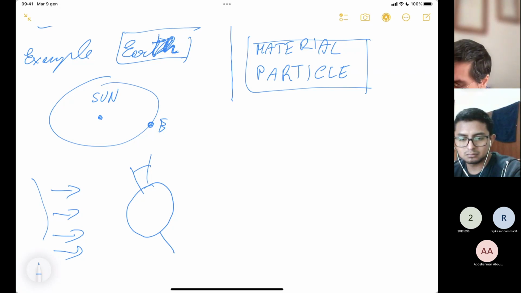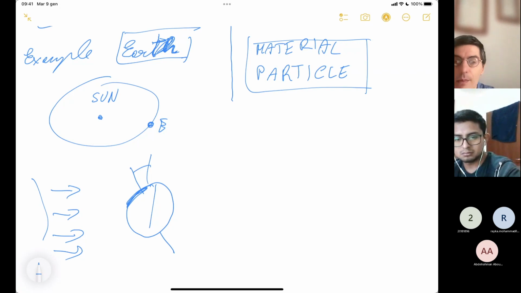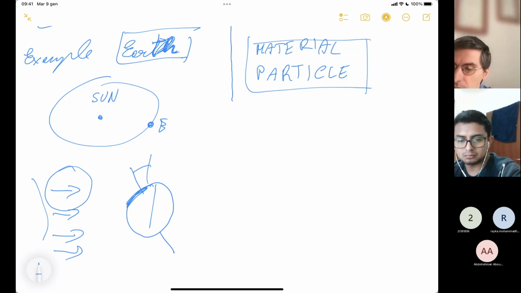If you want to understand day and night, or why you have some season which is summer and some season which is winter, it is because the directions of the rays from the Sun are different. So of course, in this case, the material particle cannot be used. You must use something else.